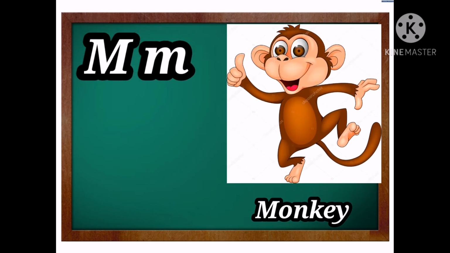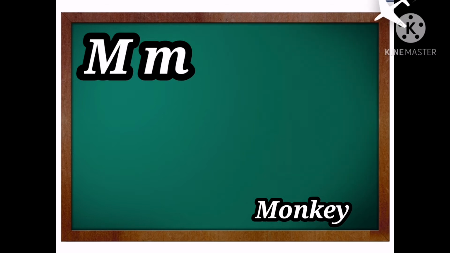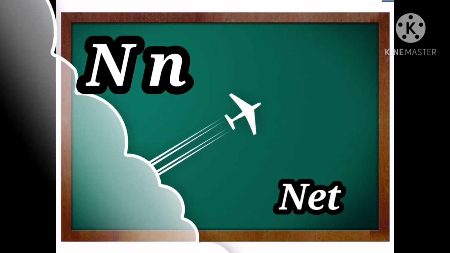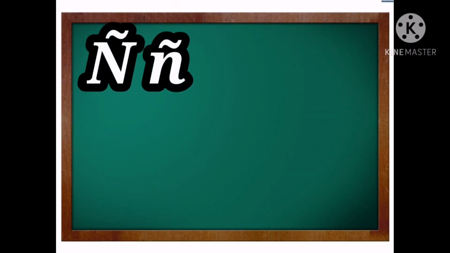M for monkey. Learners, impressive. N for net. Learners, brilliant. Ñ. Learners, impressive.